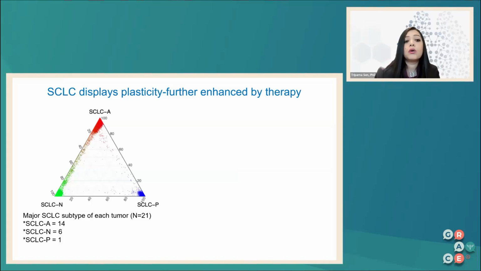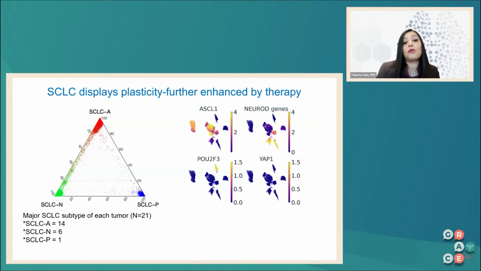One of the problems with having these straightforward biomarkers for small cell lung cancer is that small cell lung cancer is extremely plastic. What I mean by that is one patient can express multiple transcription factors, or these tumors are highly heterogeneous in nature, which means they can have the flavors of more than one of these transcription factors that I just mentioned.